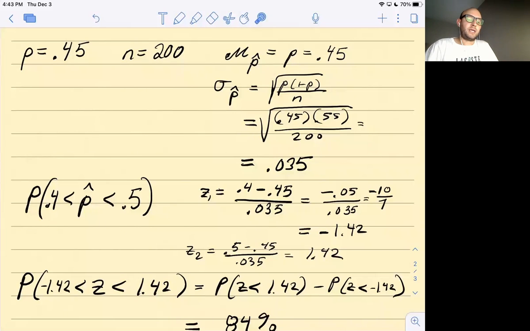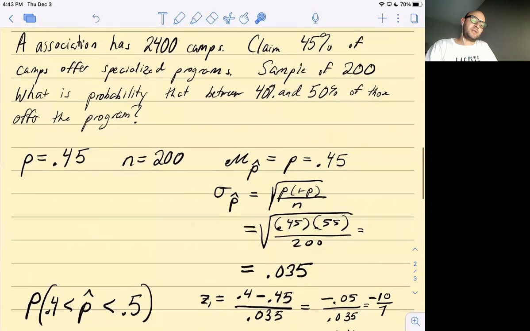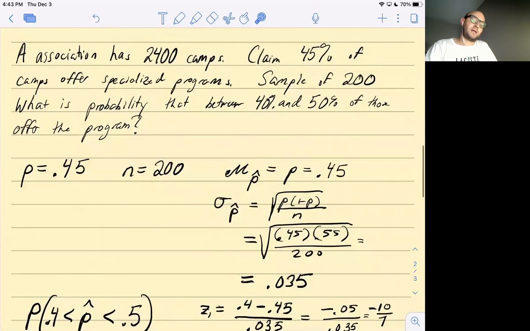If you think about the logic of what these problems are saying and how practical they are, I could be interested in this type of question, but most of the time we're working backwards. If I knew that 45% of camps offered specialized programs, then I'm probably not going to need to do statistics on it because I already know the answer. You know what I mean?